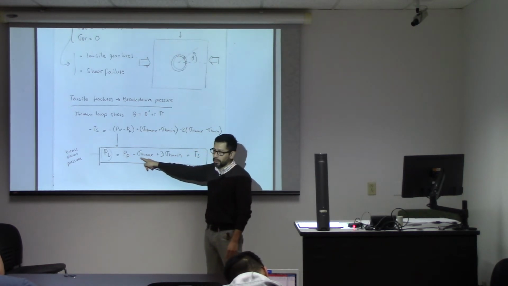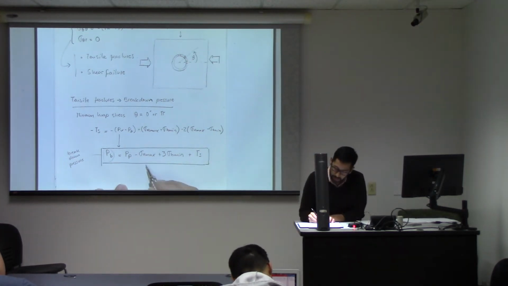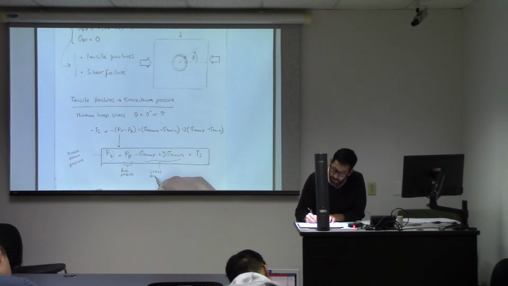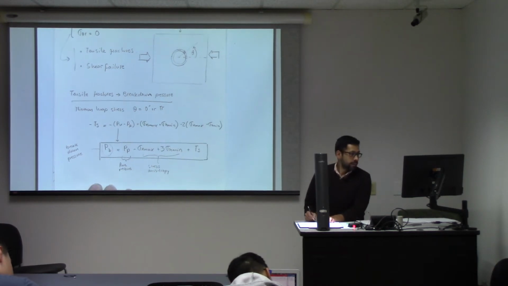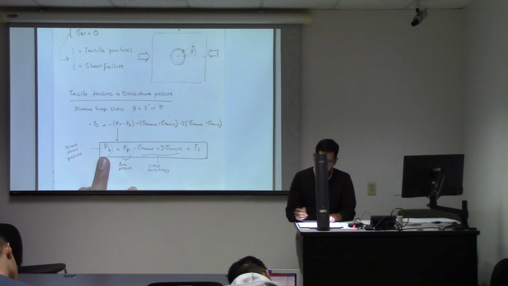It depends on the stress anisotropy. So the more stress anisotropy you have, so this is pore pressure, the more stress anisotropy you have, the smaller this value is going to be.